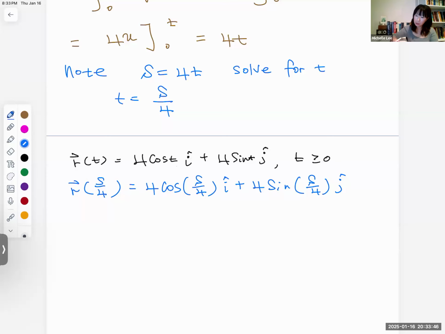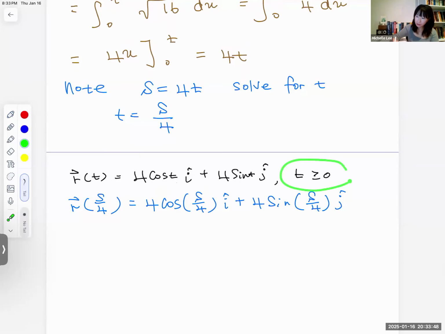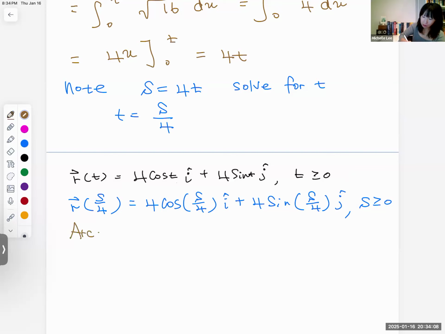So we have t greater than or equal to 0, thus s is greater than or equal to 0. Is it good? So we say that this is the arc length parameterization, right?